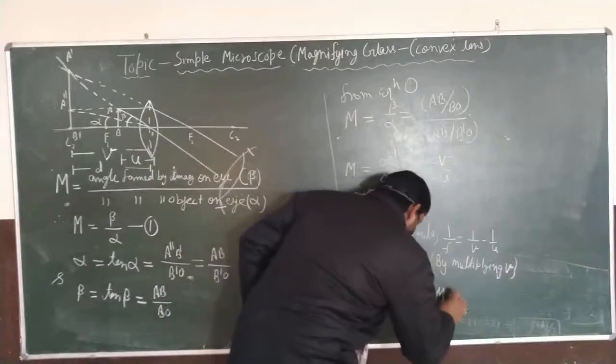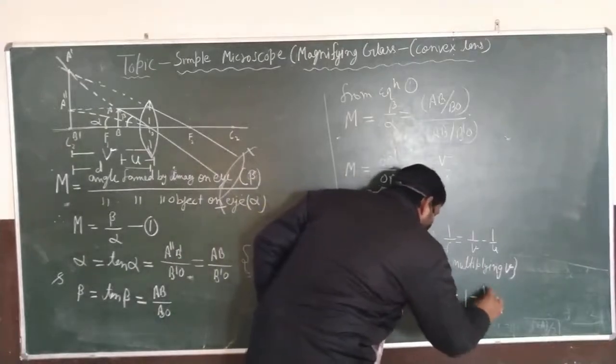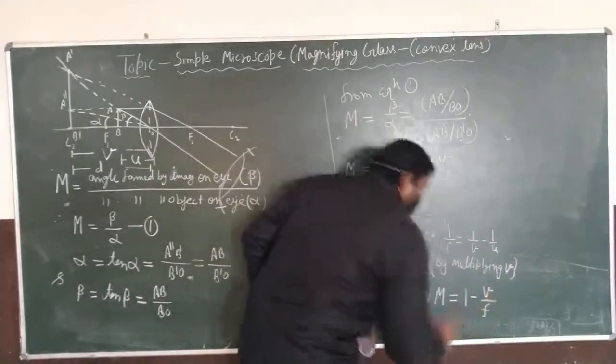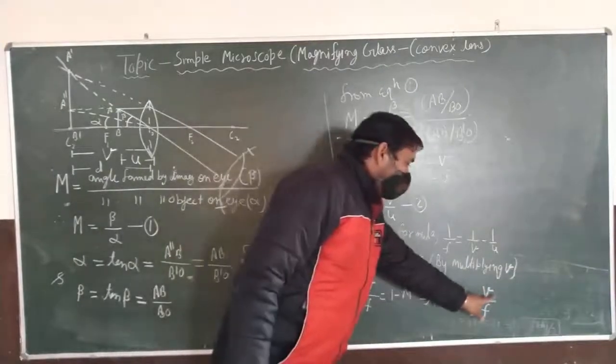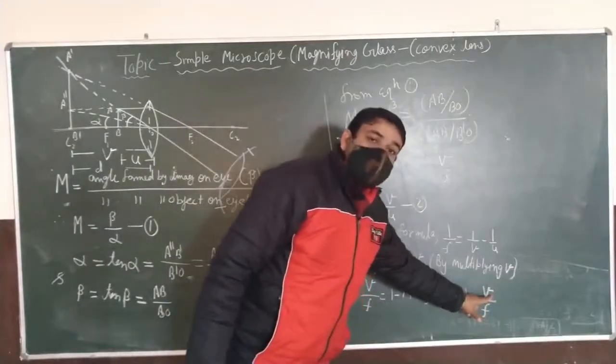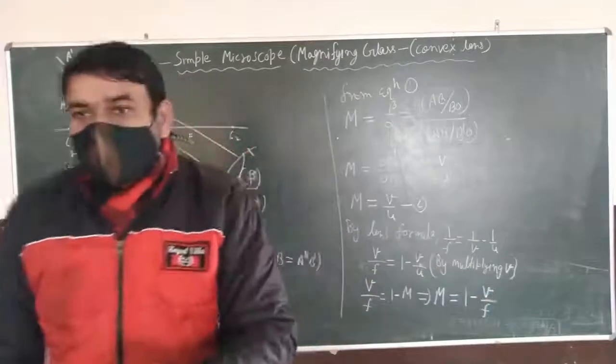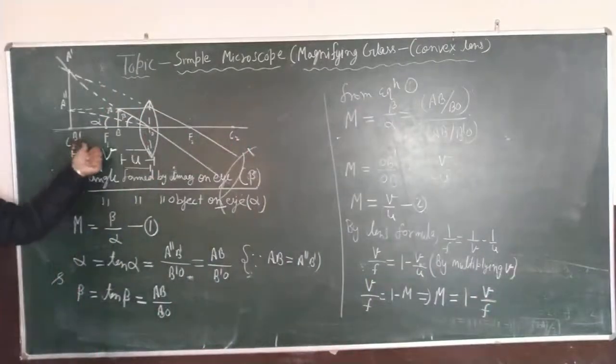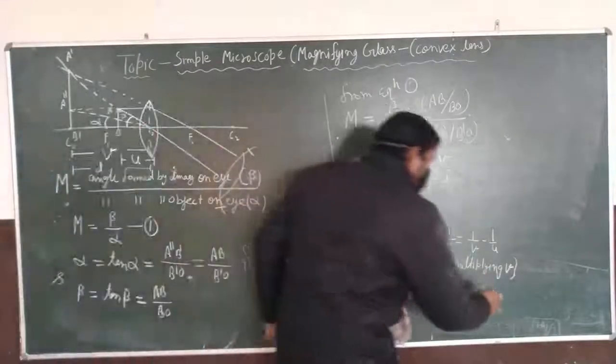M will become 1 minus V upon F, where I explained to you that this is the least distance of distinct vision, which is in front of the object.